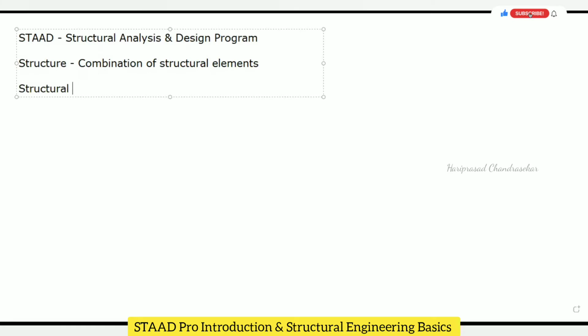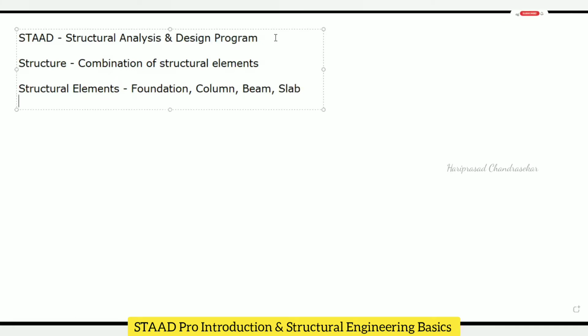There will be pillars, rafters. You start with the foundation or footings, and then we go for a column, and then beam, and then slabs. These are the structural elements for any building.